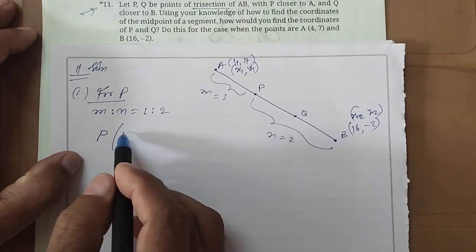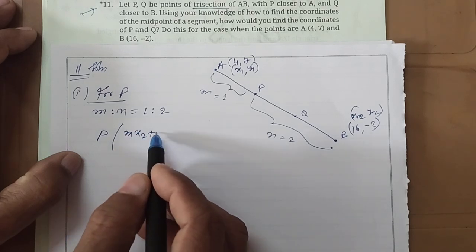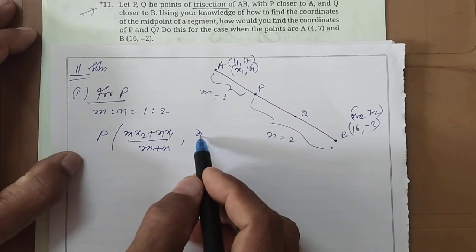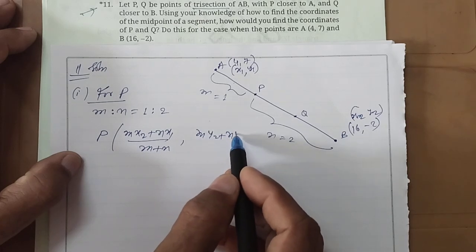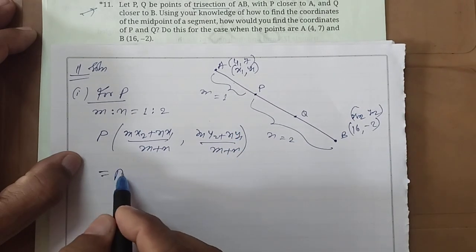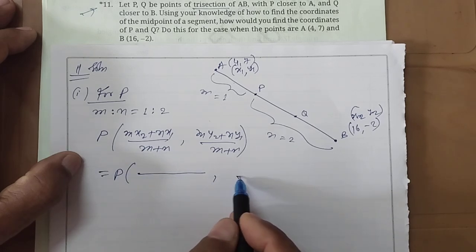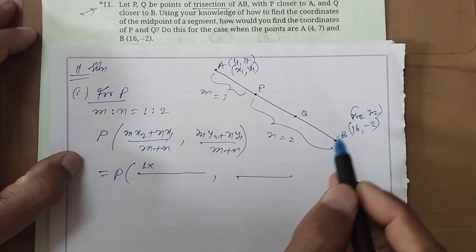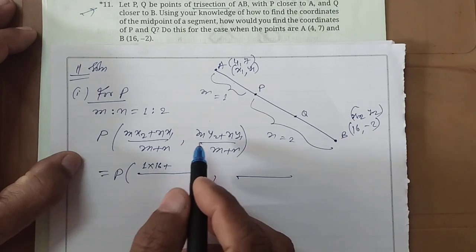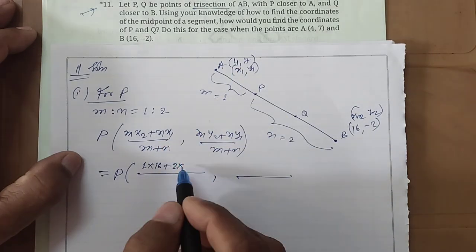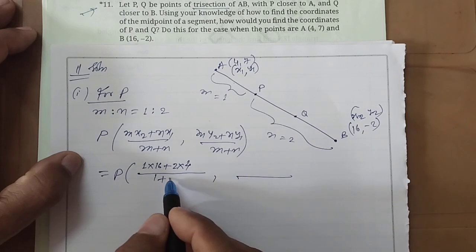And we have the formula for P: (m x2 plus n x1) by (m plus n), (m y2 plus n y1) by (m plus n). All the values are there, so we can find the point P. M is 1 into x2, x2 is 16, plus n, n is 2 into x1, x1 is 4, by m plus n, 1 plus 2.